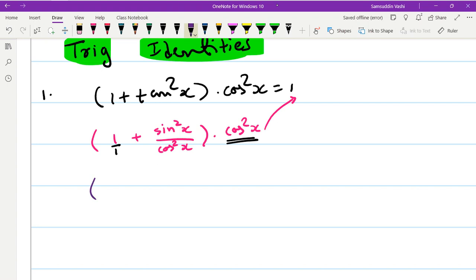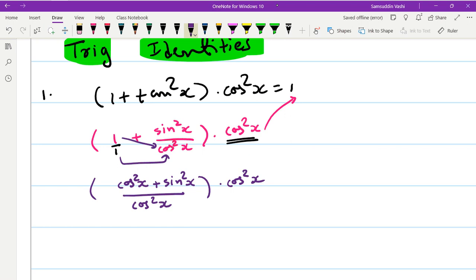In words, straight multiplication: 1 times cos squared x is cos squared x. So the denominator is straight multiply, the numerator is cross multiply. 1 times cos squared x is cos squared x, plus sign as it is, 1 times sin squared x is sin squared x. Okay. Times cos squared x is still there.